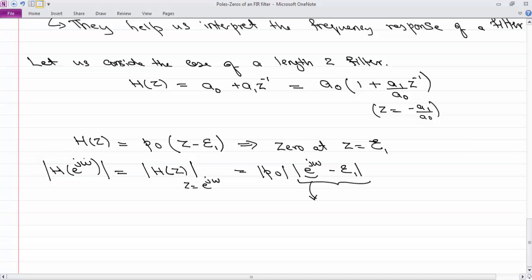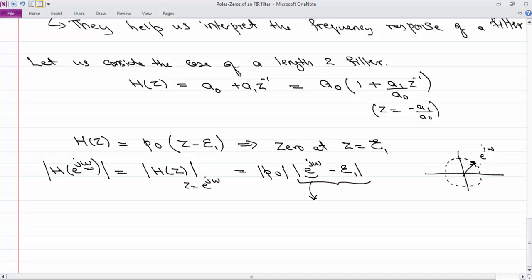Now this little omega is a particular value of the frequency. Okay? So you are in the z plane and you are interested in evaluating the value of your frequency at this location. So this is a point e to the j omega, or you can think of it as a vector e to the j omega. Right?